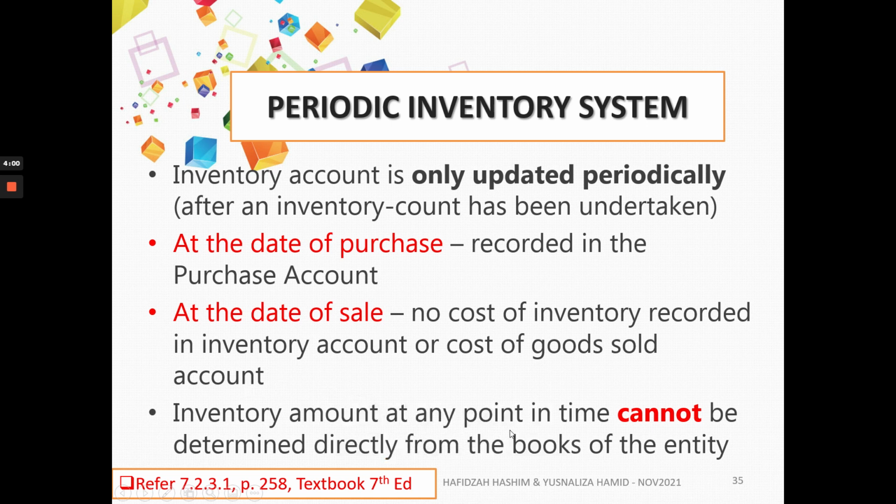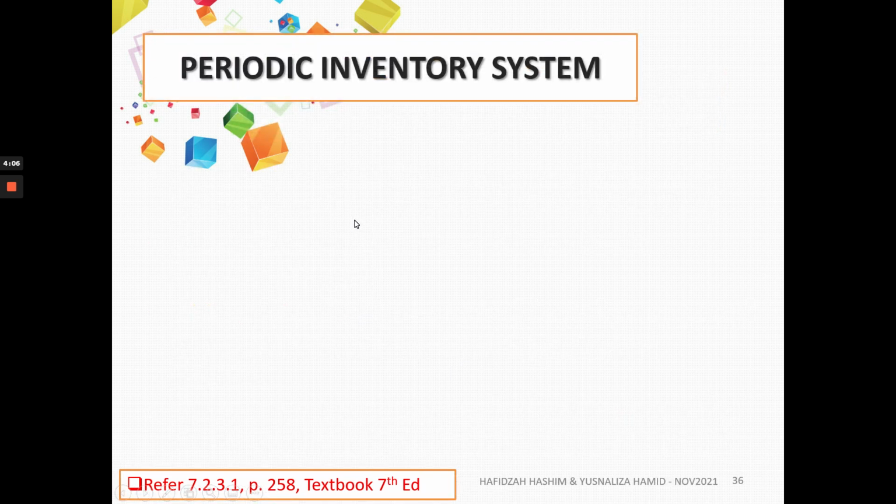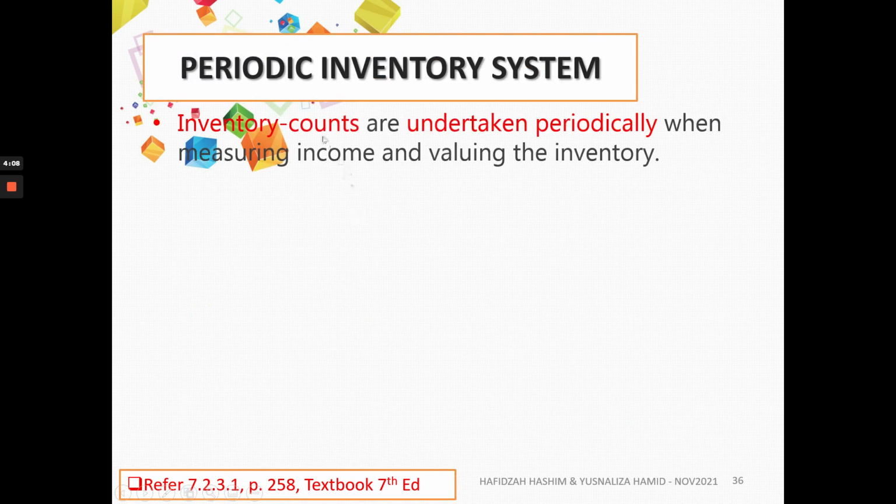So the inventory amount at any point in time cannot be determined directly from the books of the entity. Under the periodic inventory system, inventory is counted periodically when income is being measured and when the inventories are being valued.